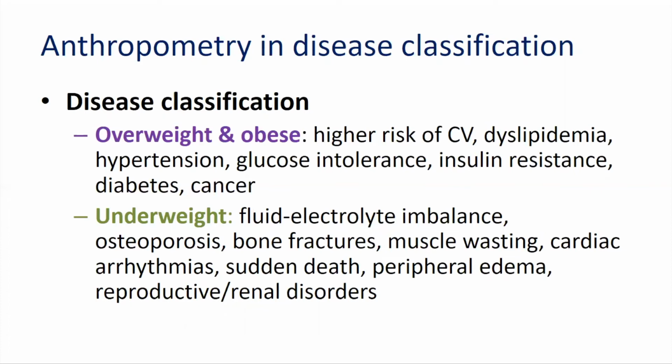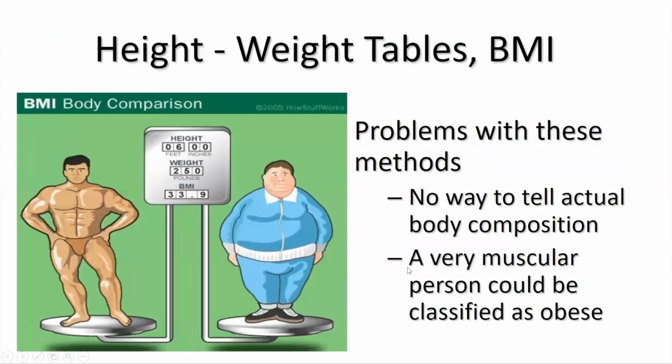On the other hand, if a person is underweight, not getting enough nutrients, this would result in osteoporosis and bone fractures. Being underweight is also associated with muscle wasting, cardiac arrhythmias. The cardiac arrhythmias are related to the fluid electrolyte imbalances in sodium, potassium, and calcium. Being underweight is also associated with sudden death, peripheral edema, reproductive and renal disorders.